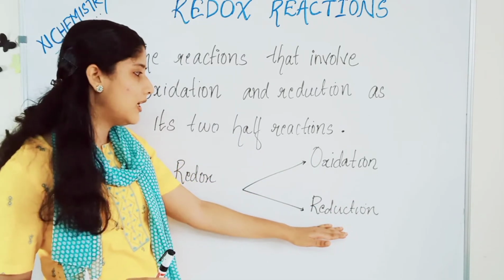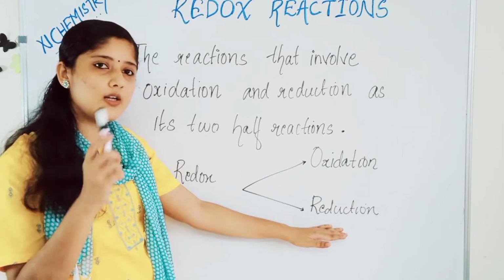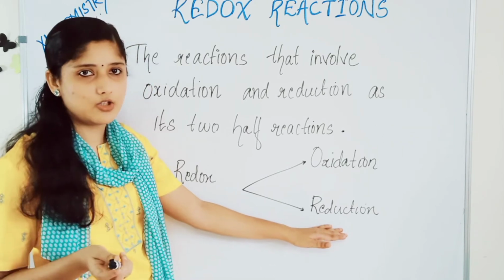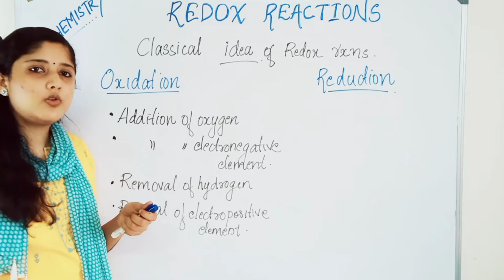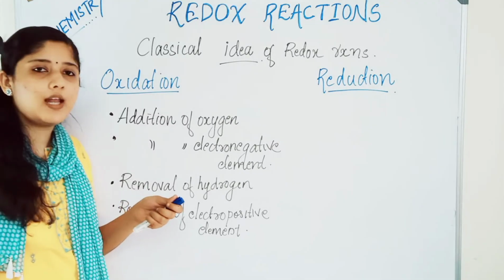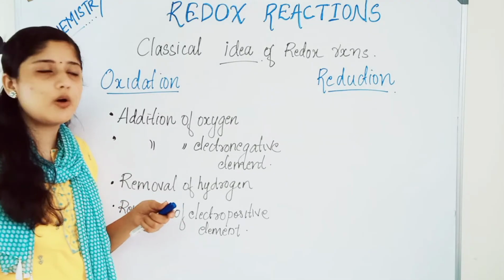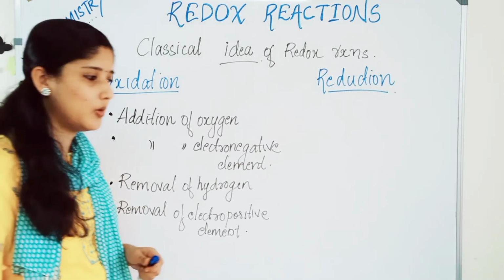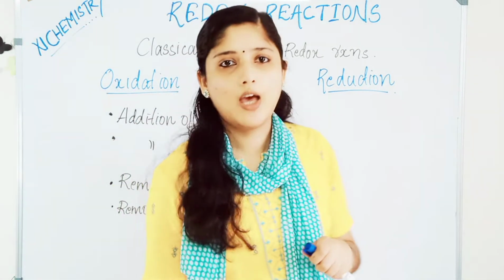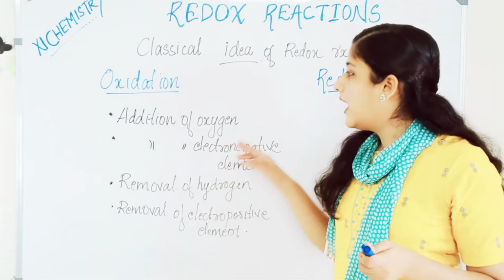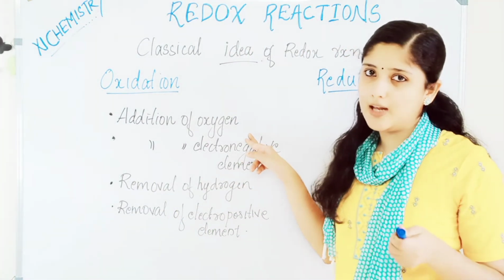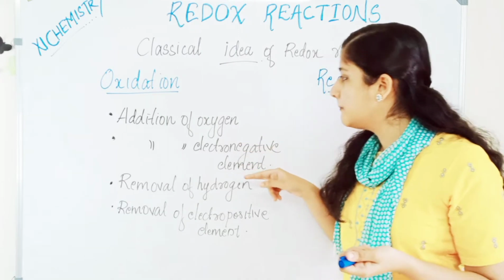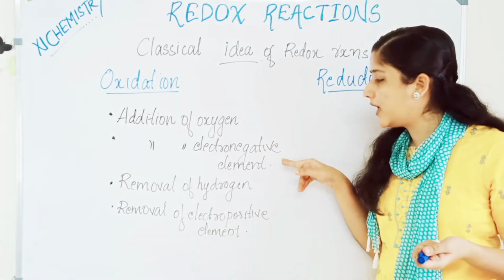So now we can study specifically what is oxidation and what is reduction. We are going to study about the classical idea of redox reactions. So what is an oxidation? First let's look. Oxidation can be defined as the addition of oxygen. It can be addition of oxygen, addition of an electronegative element.